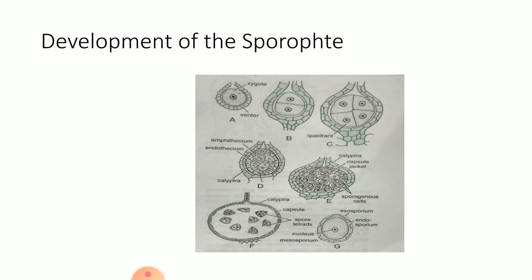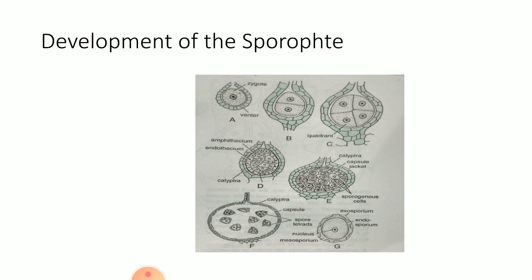You can see figure D. The undifferentiated mass of cells has 2 walls. The inner one is the endothecium and the outer one is the amphithecium, and the whole embryo is covered by the protective covering called the calyptra.